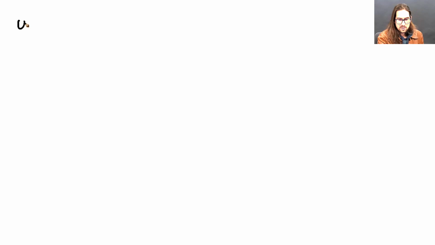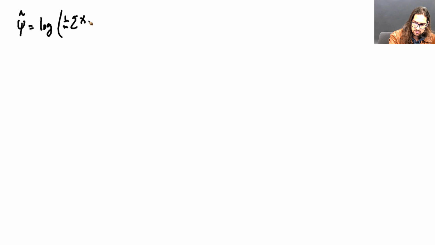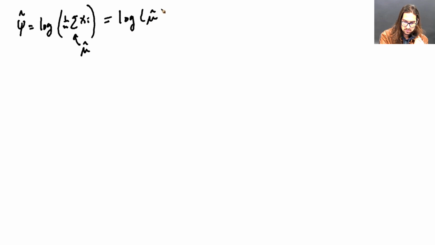So our estimator psi hat is the log of 1 over n times the sum. Sorry, this guy here is a sample mean, so we can call that mu hat. And so this is log of mu hat.